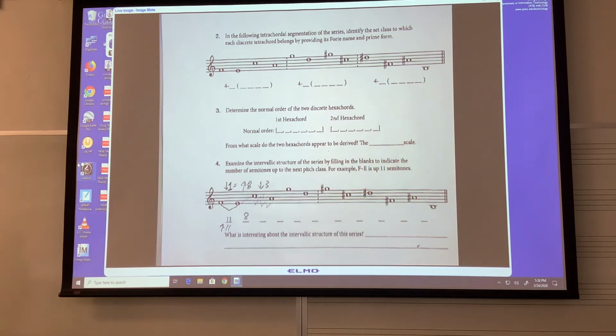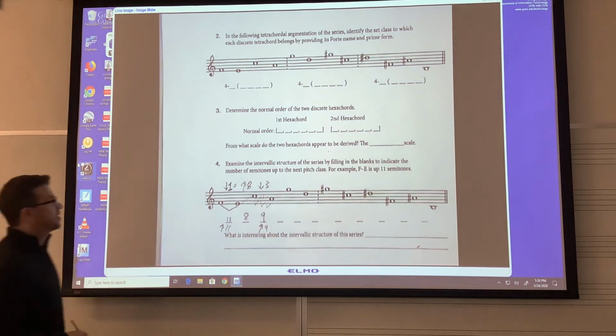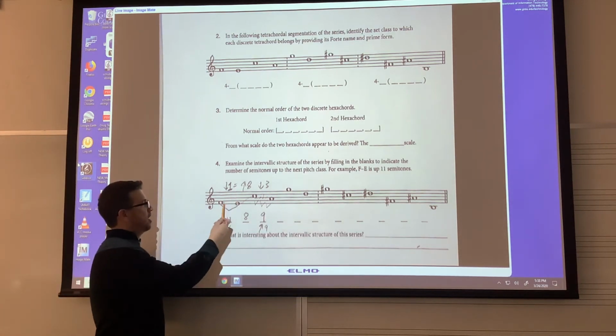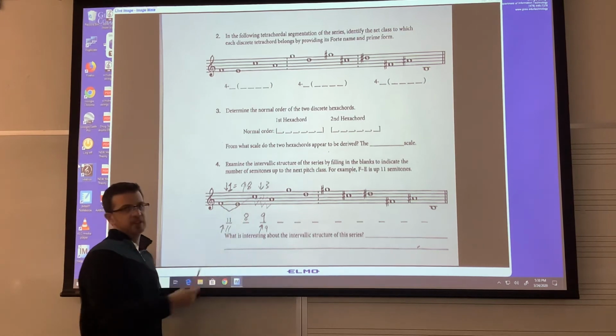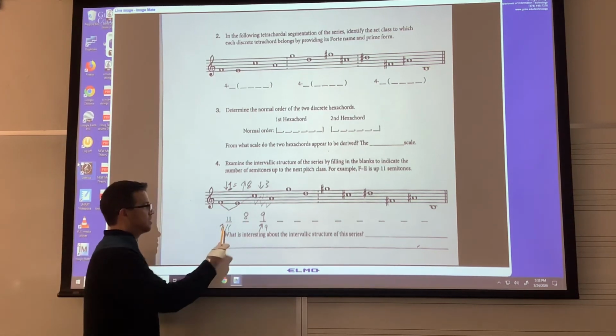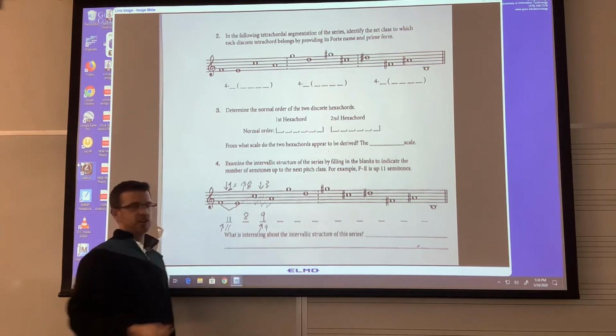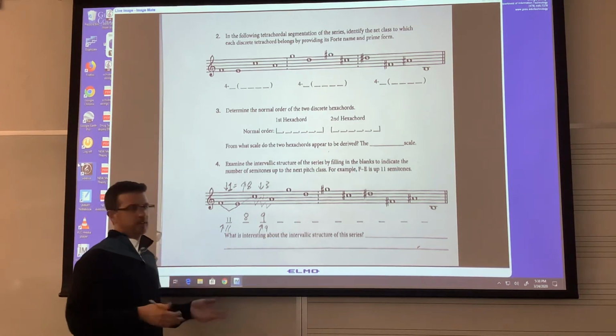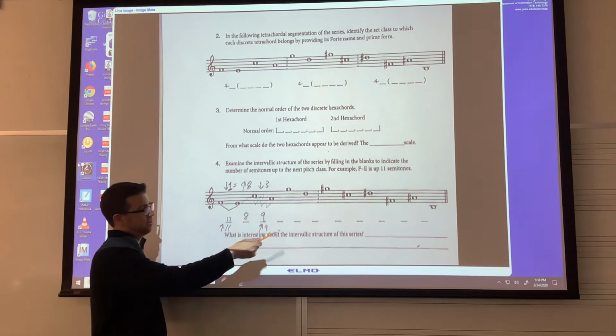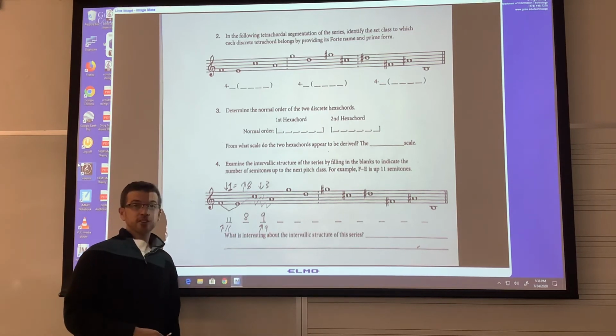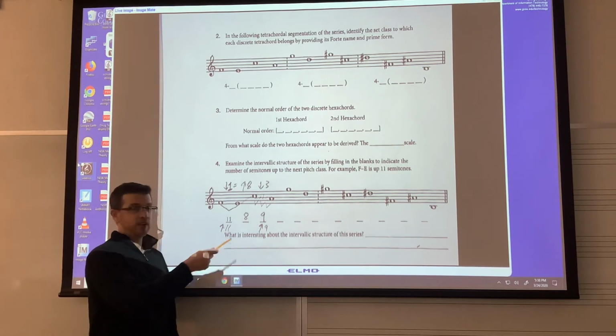So down 3 is the same as 9 up. So we're counting the semitones up, and if it goes down, you just think of it as going up to figure it out. So once you do this, you should come up with something interesting about this particular intervallic series. And you can tell me what you think is interesting about the intervallic series on that line there.